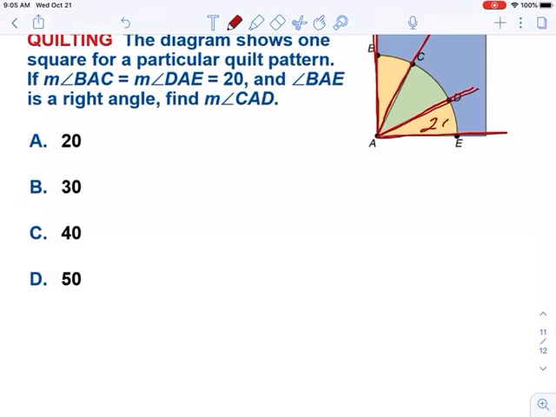So these are each 20. And okay, we got something new. BAE is a right angle.